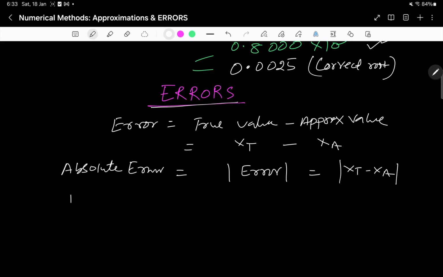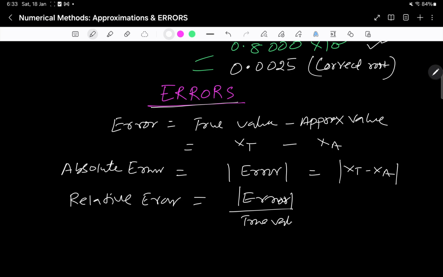And what is your relative error? This is equal to the error magnitude by the true value magnitude, so this is equal to mod of xt minus xa by mod of xt.